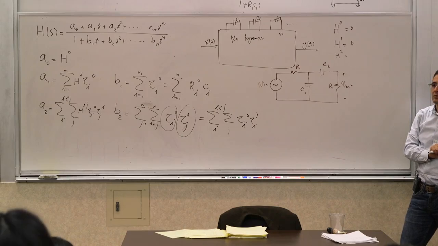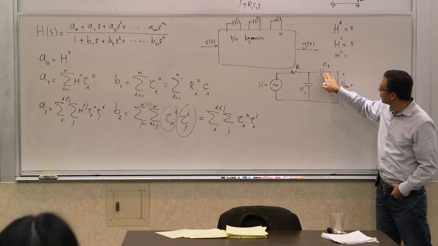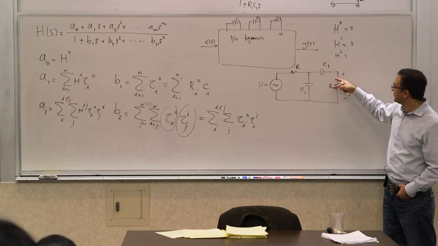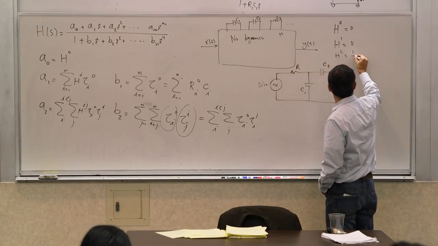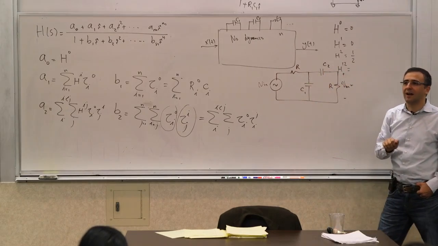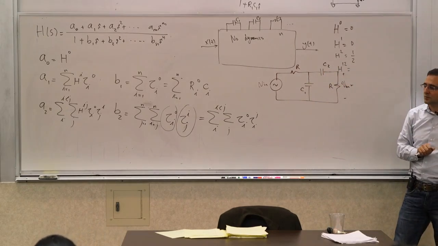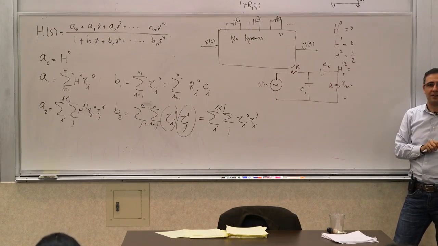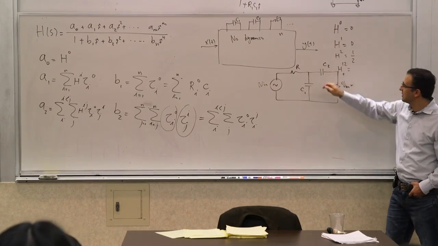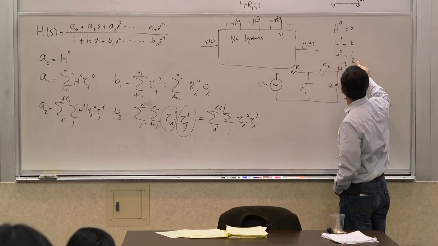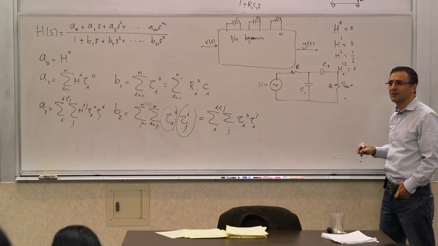What is H2? If this is open and this is short, it's 1/2, because you have a resistive divider between these two. And what is H12, meaning when both of them are infinite valued? If this is shorted and this is shorted, what's the output voltage? It's 0, because this is shorted across here, so nothing makes it to the output. So out of all these things, there is only one non-zero term.